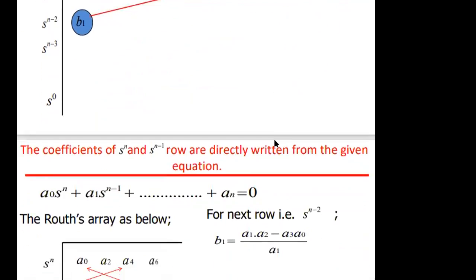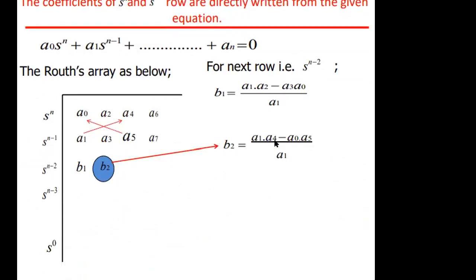Next comes B2. In the previous slide I showed how to write B1: B1 is A1 A2 minus A3 A0 divided by A1.